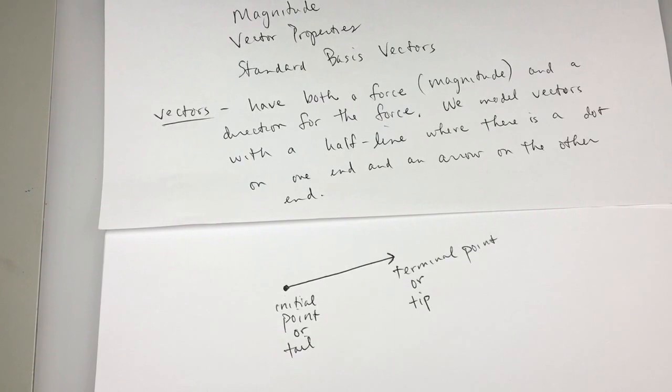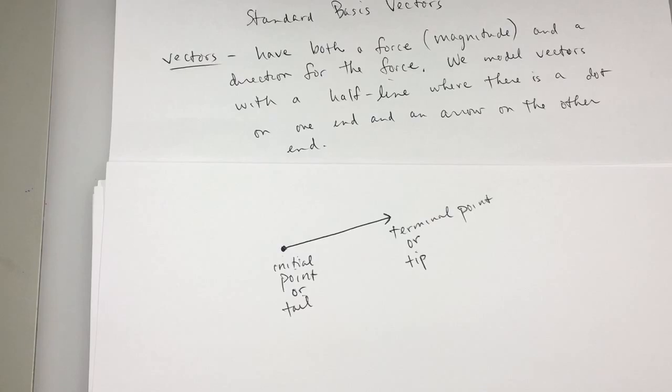How do you know if two vectors are equal? The same length and same direction. So it doesn't matter where I would position it on my paper. If two vectors have the same length and the same direction, then they are equal.